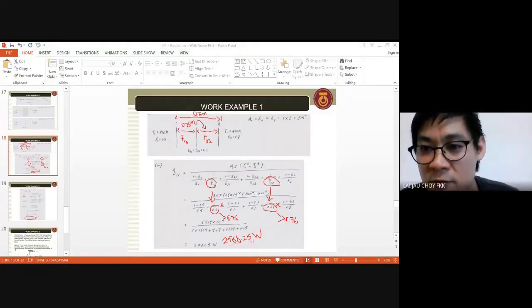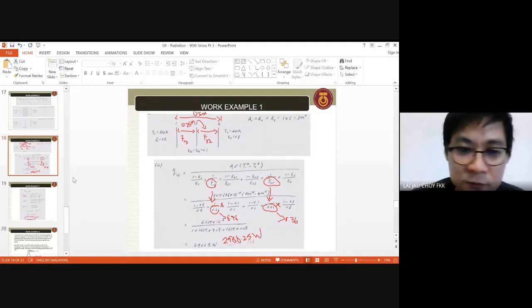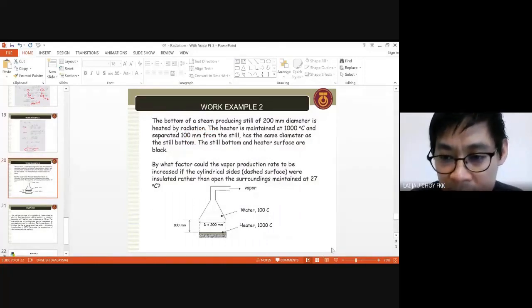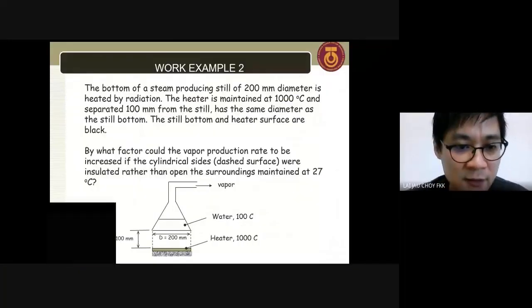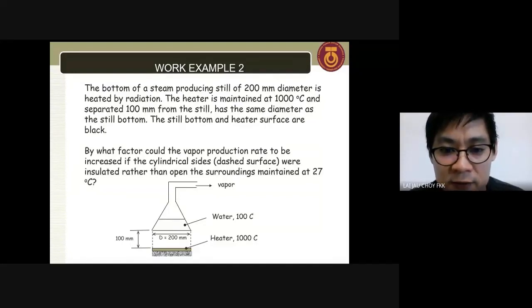Okay, if there is no problem, then before I end, I want to give you one more question. You see my slide? The question sounds like this. The bottom of a steam producing steel, 200 mm diameter, so you are given the diameter, of the bottom is heated by radiation.